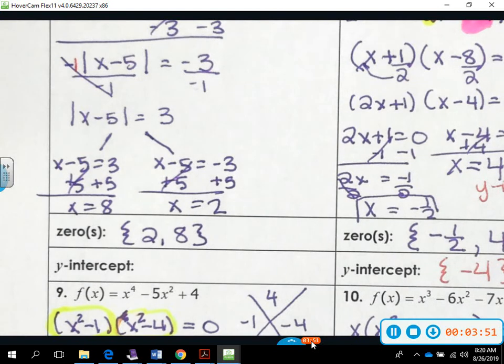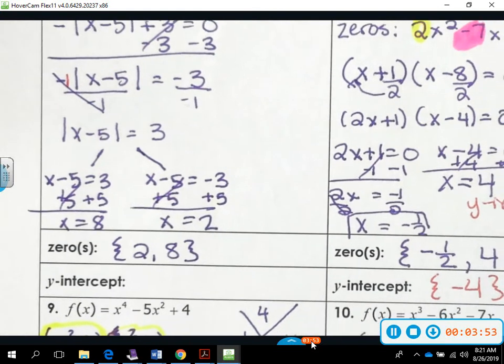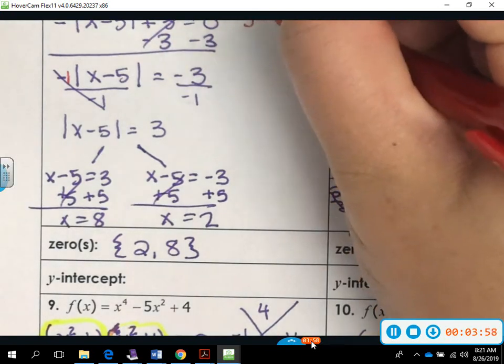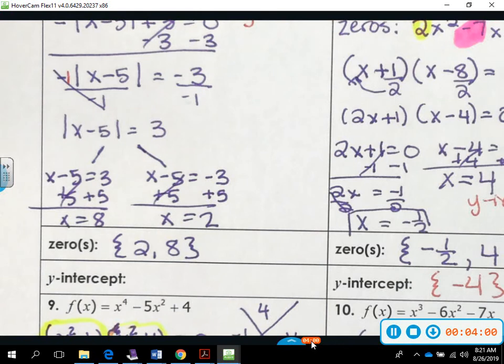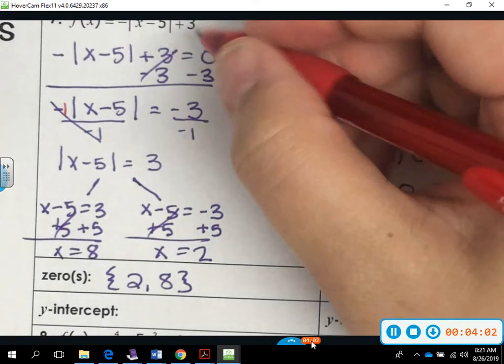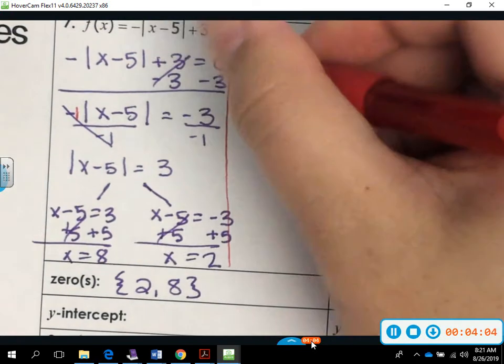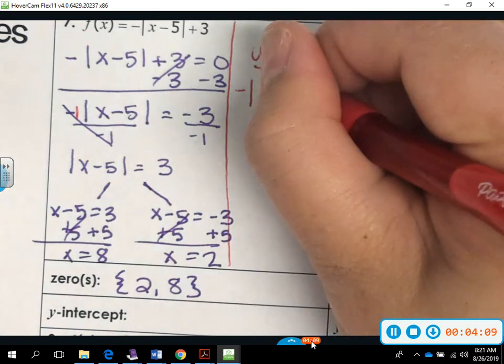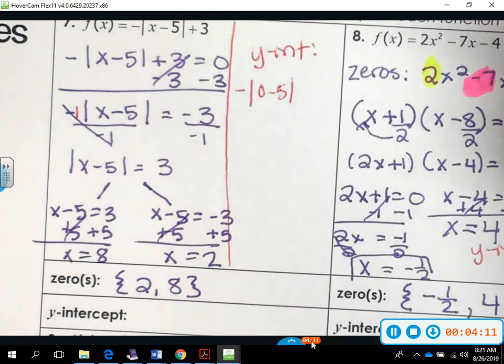All right. And we still have to find the y-intercept. Put 0 in for x. So we have negative absolute value of 0 minus 5 plus 3.